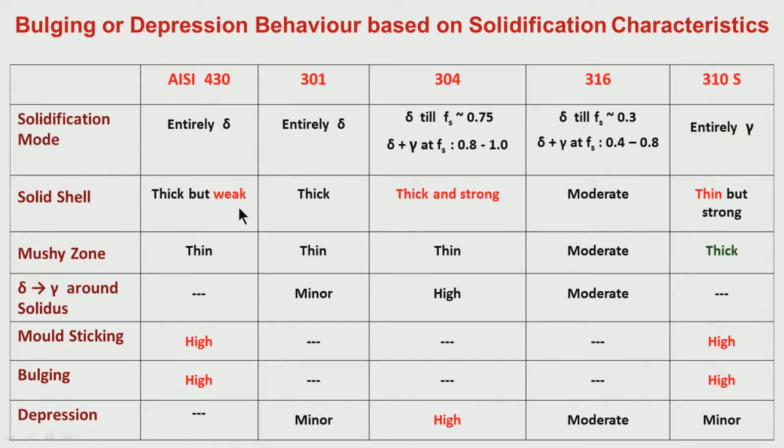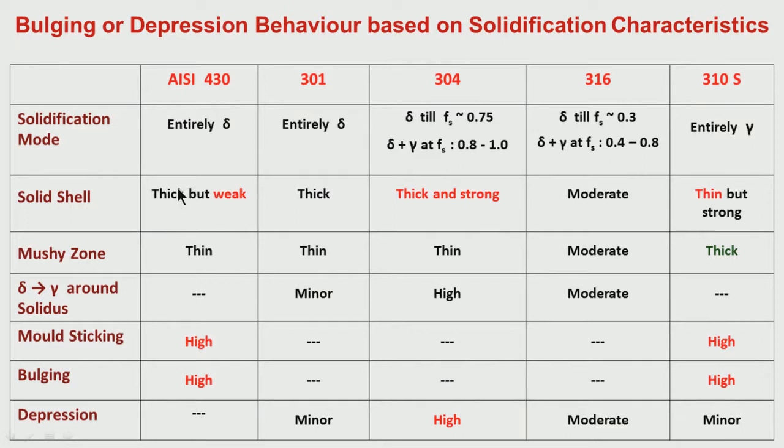Why is it weak? Because it is delta ferrite, whose high temperature strength is relatively low compared to that of austenite. So, like very low carbon, this 430 ferritic grade also has a solid shell that is thick but weak during solidification, and the mushy zone is relatively thin.